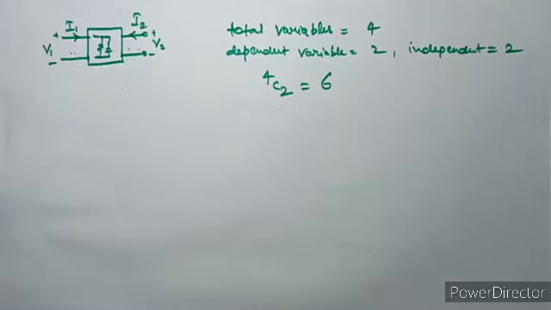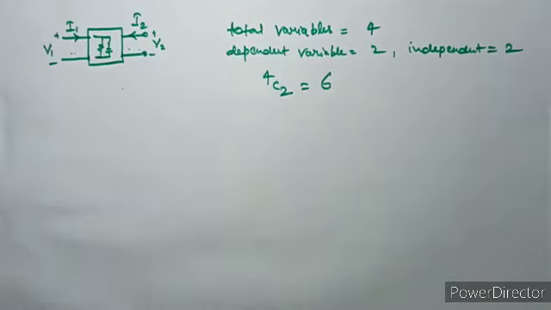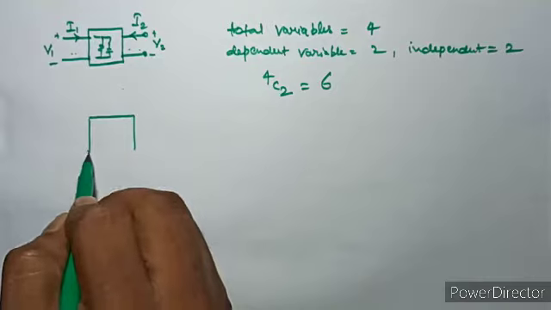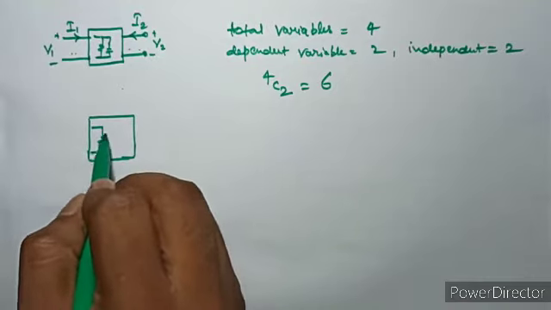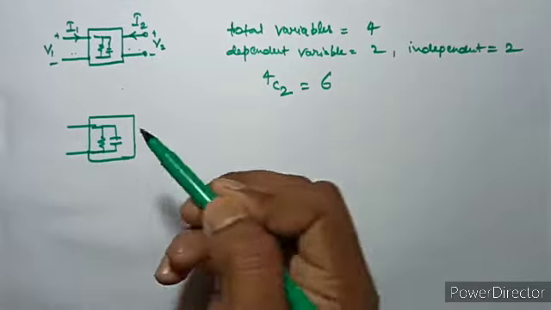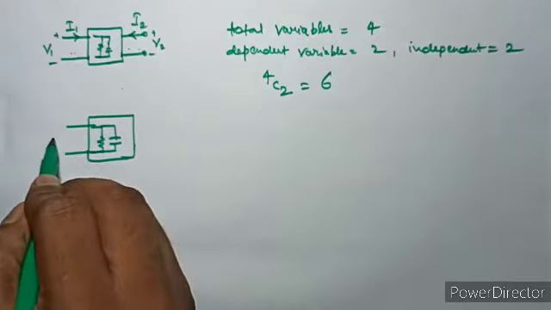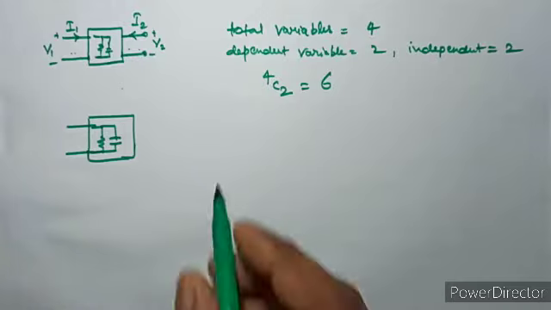Now before starting the characterization, let us see some examples of one-port or two-port networks. Within this box, if I say there is a resistor in parallel with a capacitor, and to access this we have a port like this, then this is an example of a one-port, that is, a two-terminal network.